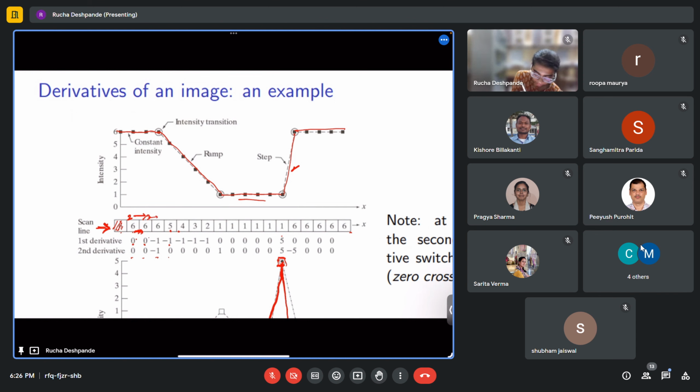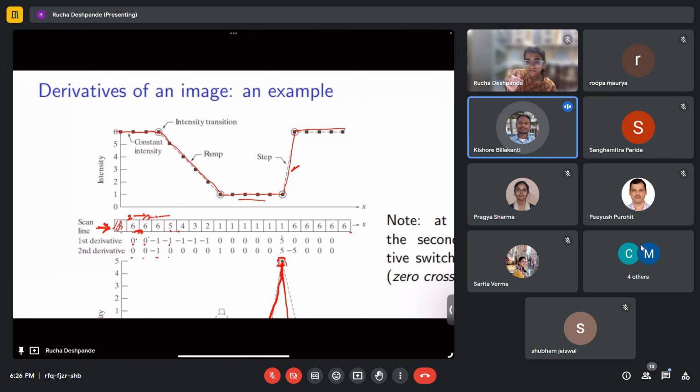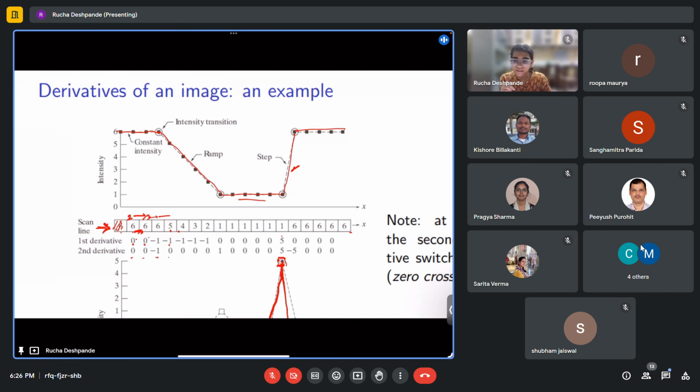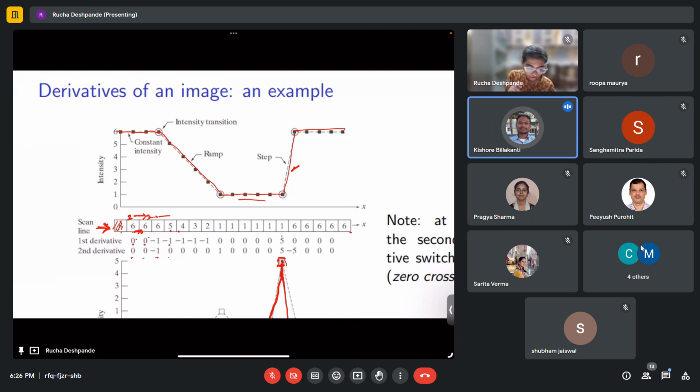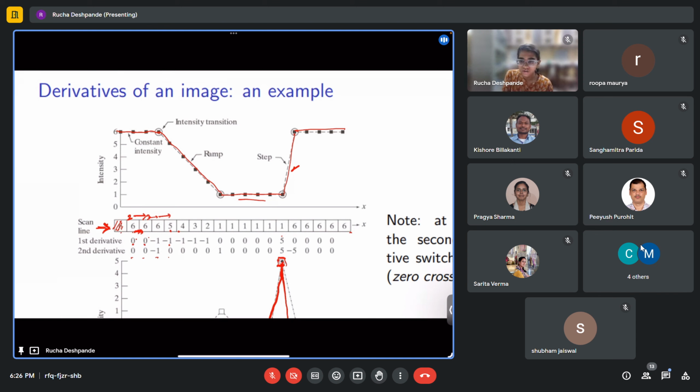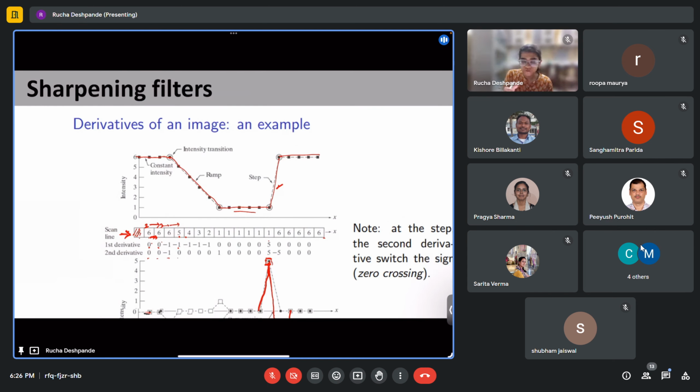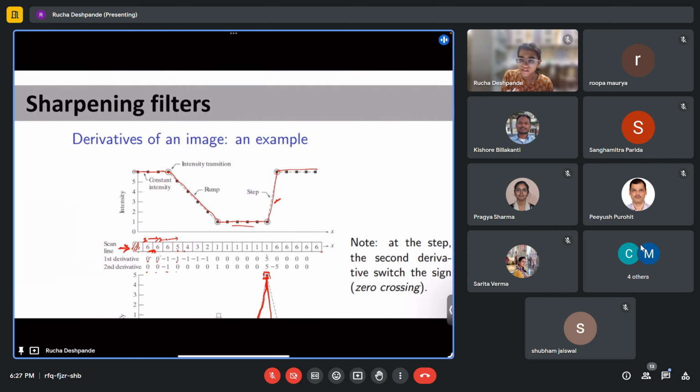This is 0 again. Then this is 6 to 5. Okay, you mean they have started calculating from the second DN value? Yeah, that's what I meant. Any reason? Okay, I do not know. I took this image from an online site, so I just wanted to show this for the sake of representation.